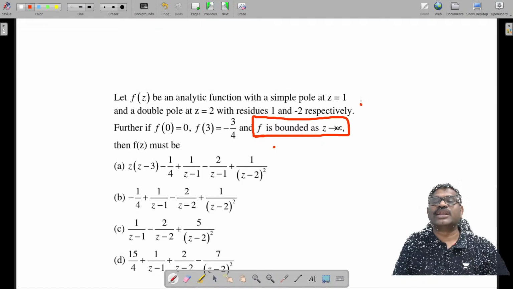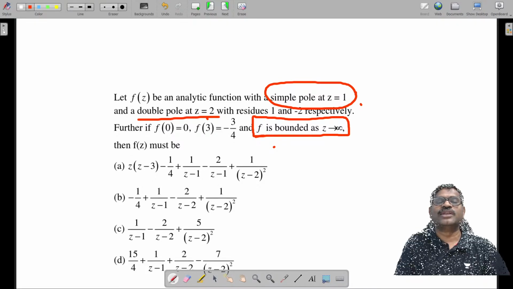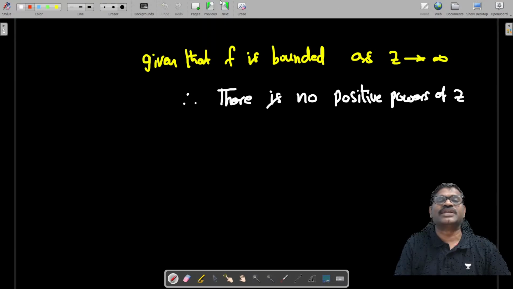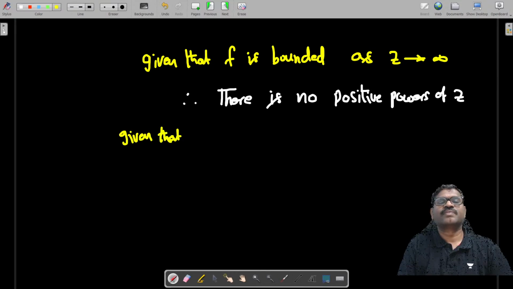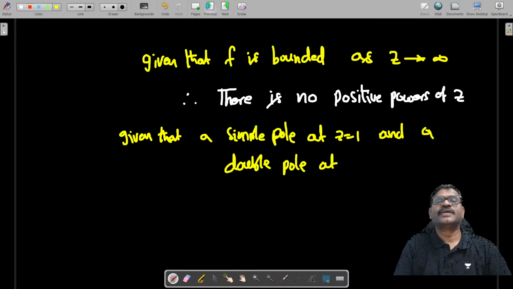At z equal to 1 you have a simple pole. At z equal to 2 you have a double pole. Therefore compulsory your function, given that a simple pole at z equal to 1 and a double pole at z equal to 2.